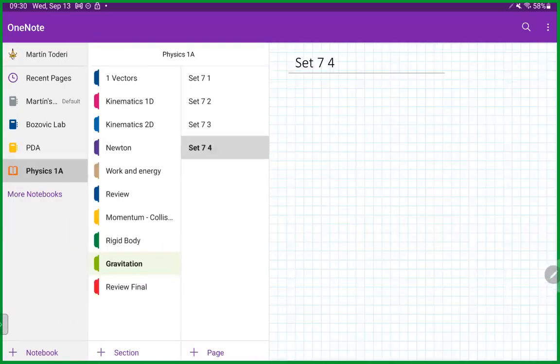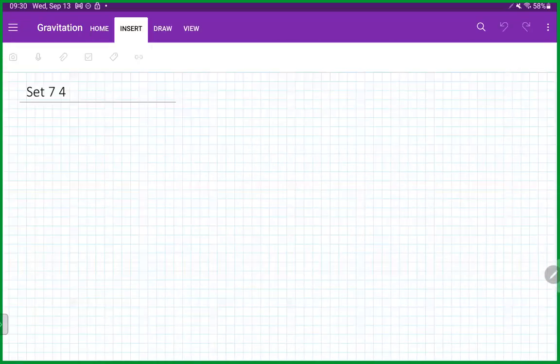Let's go to set 7, problem 4. So problem 4 says, two satellites are in circular orbits around a planet that has a radius of 9 times 10⁶ meters.